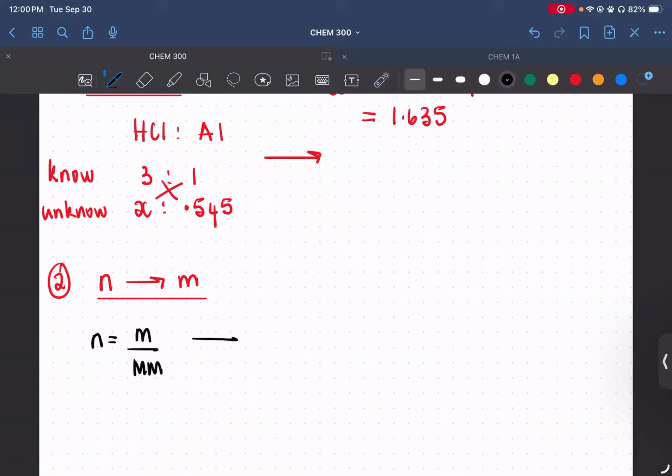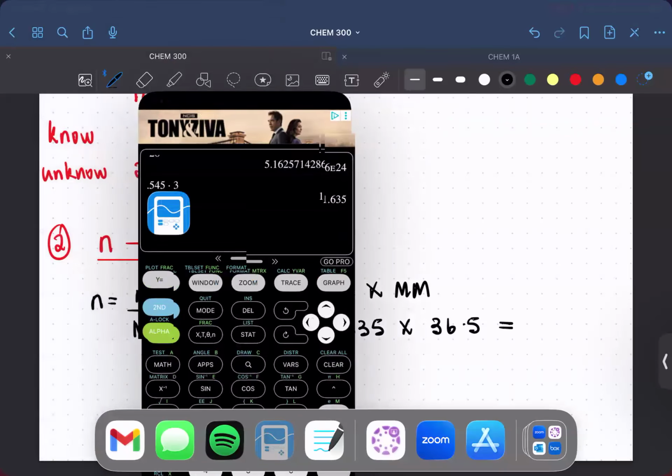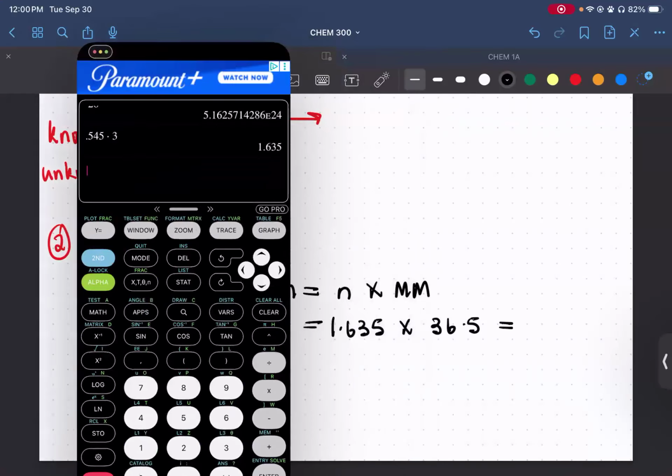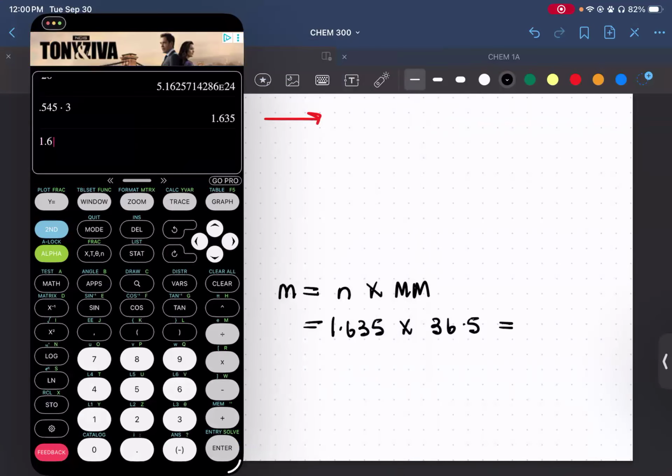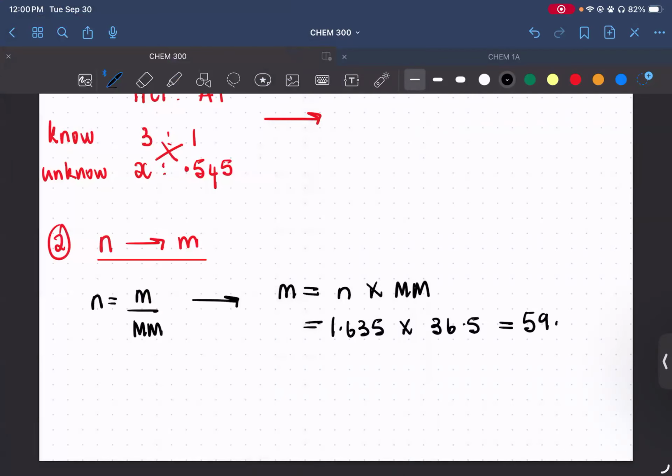We're trying to find M. So M is equal to N times MM, where N is 1.635 and the molar mass is 36.5. We put this into the calculator. 1.635 times 36.5 is roughly equal to 59.68 grams.